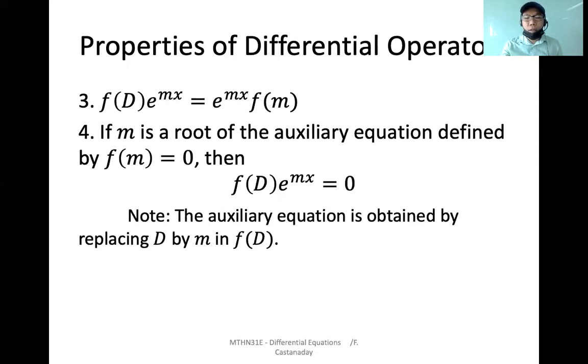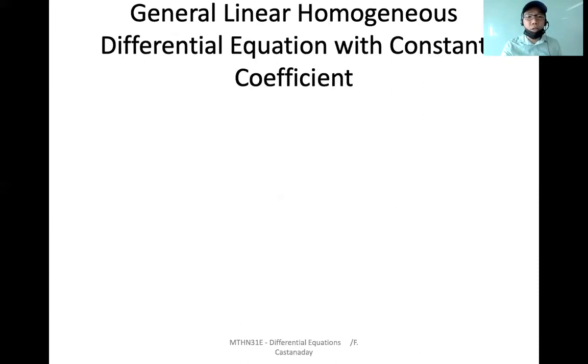I think there are several properties, but I'll just explain the other properties in our discussion for the general linear homogeneous differential equation with constant coefficient. And general linear because it's not limited to first order DE. So we'll be dealing with the second order, third, and nth order differential equation. But this time, let's focus on homogeneous differential equation with constant coefficient.